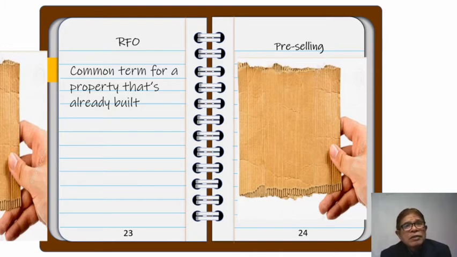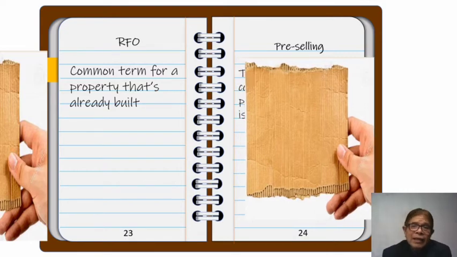The construction continued until they were completed and became ready for occupancy. You don't normally use RFO for houses and condominiums from brokerage because it's understood that they are all ready for occupancy.